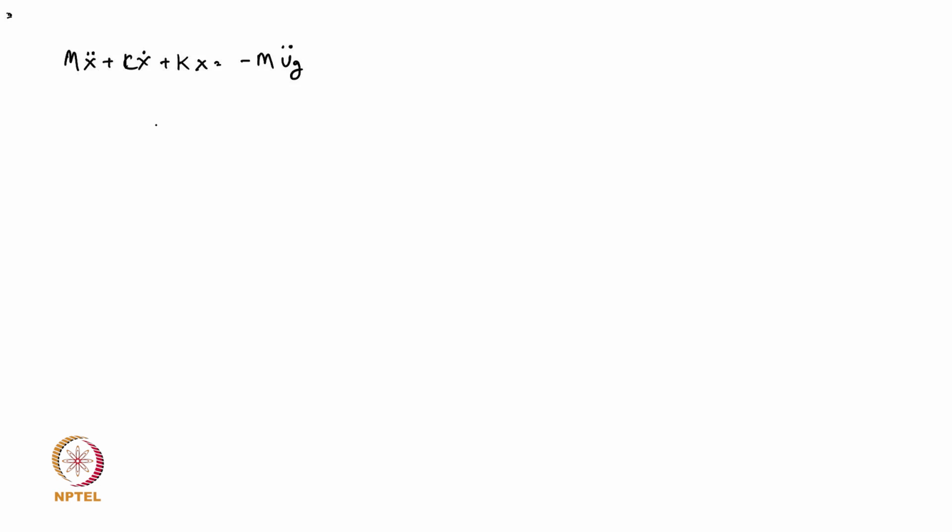Suppose you have a single degree of freedom system, and you are exciting the base with ug double dot, because any earthquake excitation you will mostly see plotted as acceleration versus time.